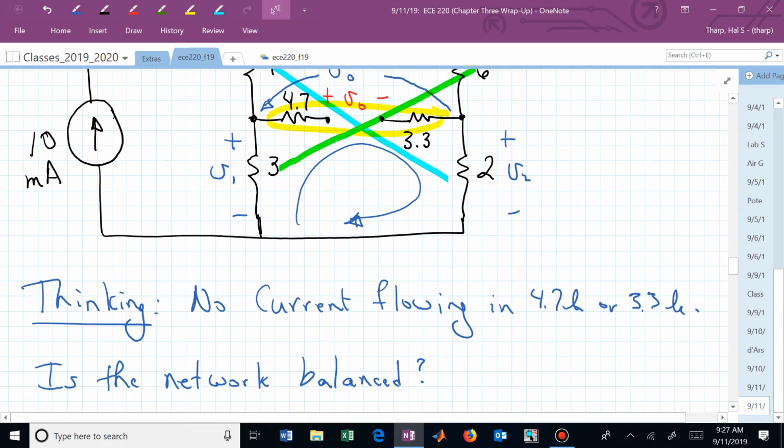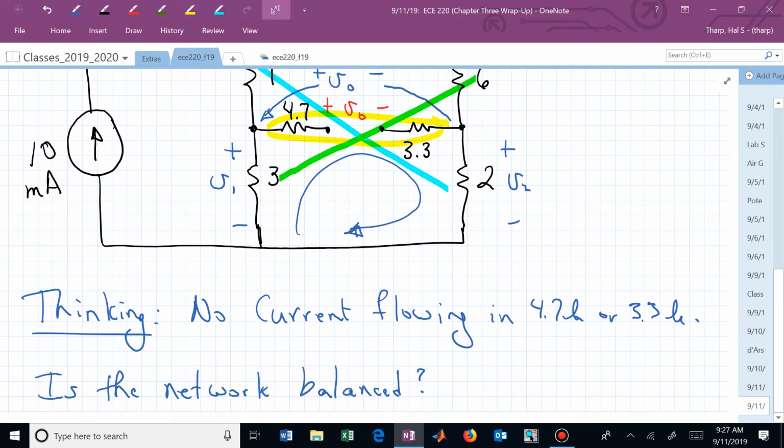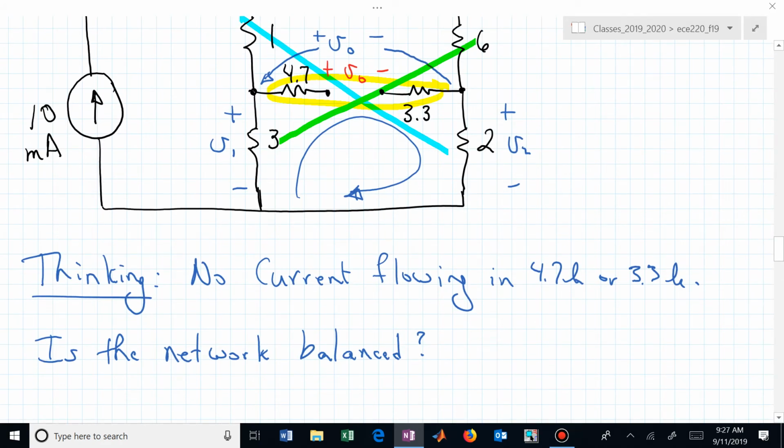To check if this network is balanced, we now can say, is 1 times 2, I'm going to leave off the K's, but these are in kiloohms, but those we can cancel, equal to 3 times 6? And that we can quickly see. Is our network balanced? 2 is definitely not 18, is it?